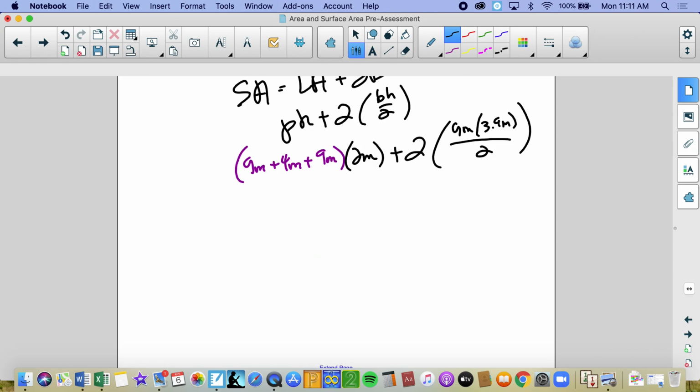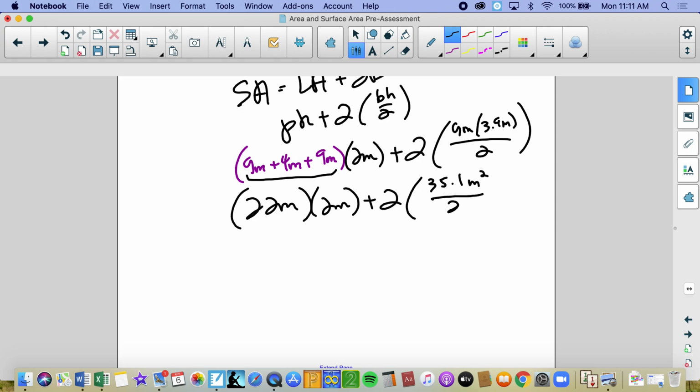So let's start simplifying. 9 meters plus 4 meters plus 9 meters gives me 22 meters times 2 meters times the height. This is the perimeter. That's the distance around the base. Times 2. And then we have 9 meters times 3.9 meters, which is 35.1 meters squared, divided by 2. 22 meters times 2 meters gives me 44 meters squared.